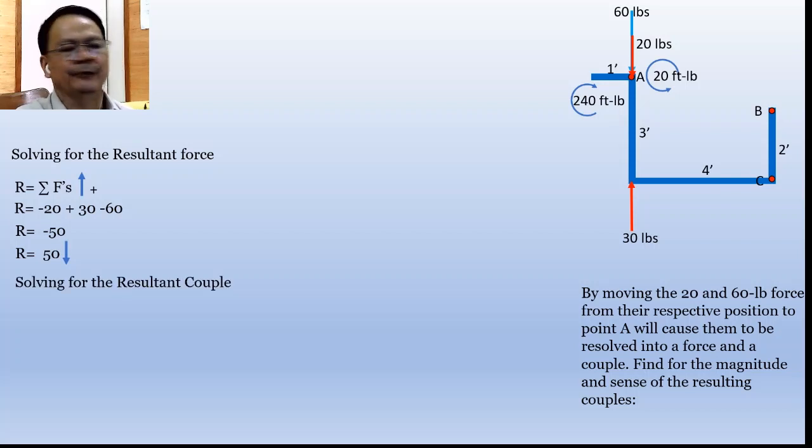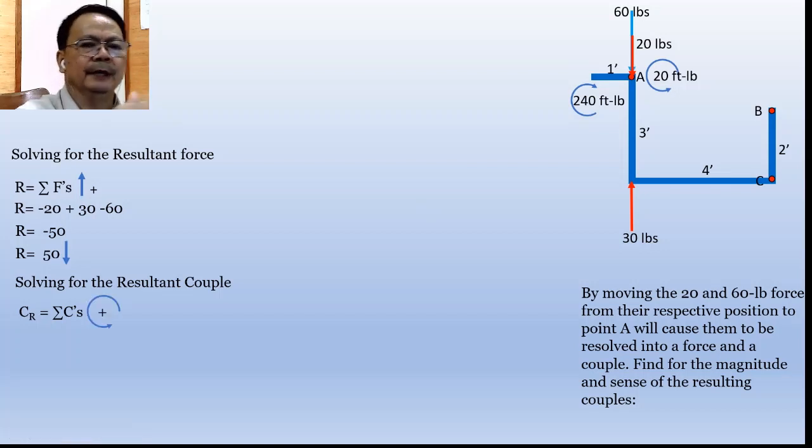Similarly, we can solve for the resulting couple, and the resulting couple is just the summation of the couples produced when all the forces are transferred from their original position to that of point A. And when we assume that the direction using the right hand thumb principle be positive, such that counterclockwise is positive, then 20 will be positive while 240 will be negative, such that we shall have here 20 minus 240, and the result is equal to negative 220.